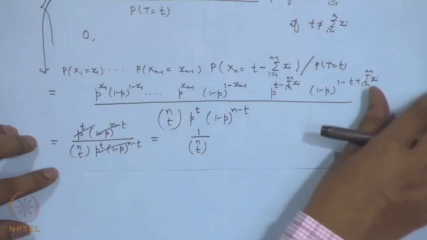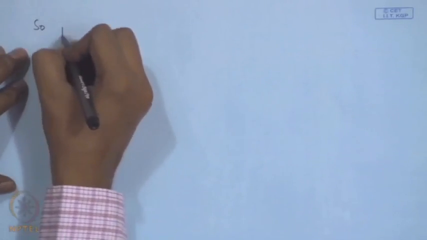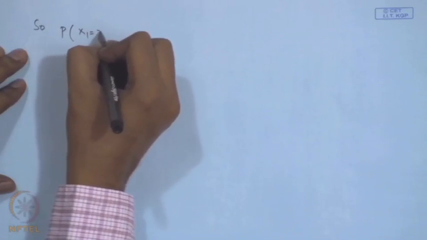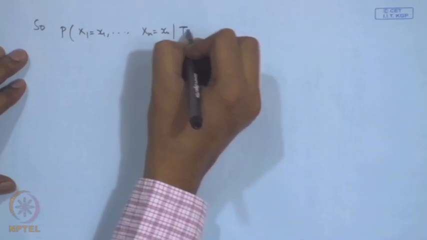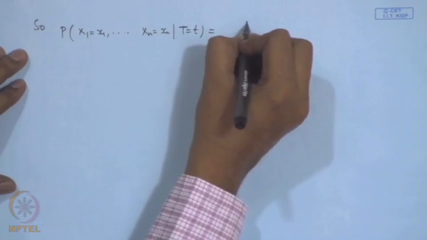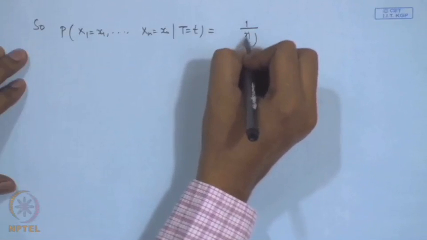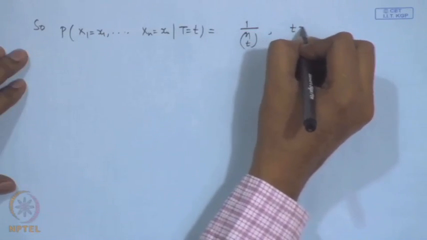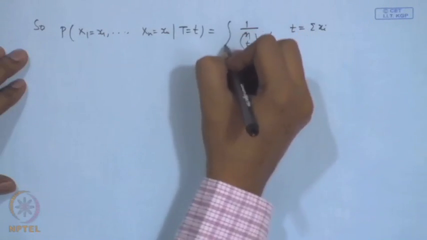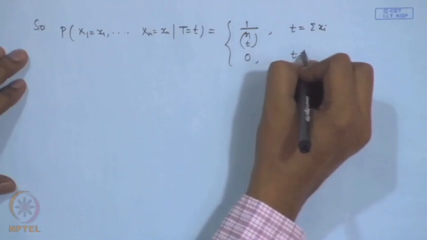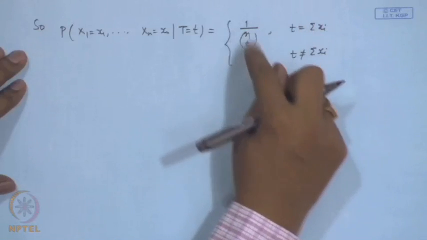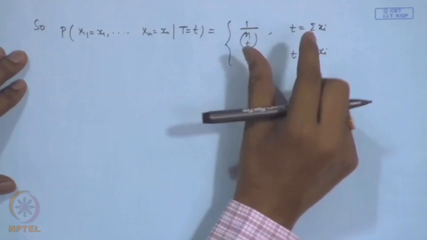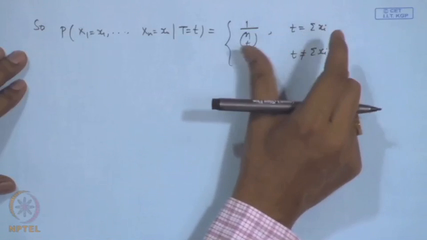So, this conditional distribution we can express as the probability of X1 is equal to small x1 and so on, Xn is equal to small xn, given T is equal to t, that is equal to 1 by n C t for t is equal to sigma Xi, and it is equal to 0 if t is not equal to sigma Xi. You look at this term, there is no parameter appearing here, p is not appearing here.